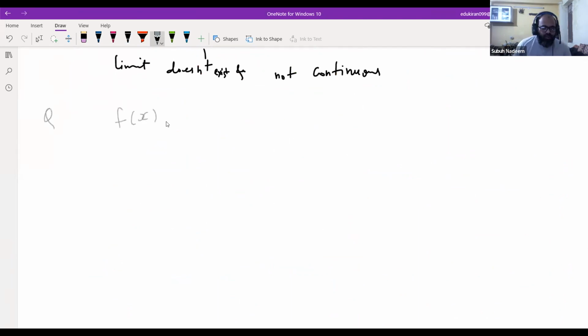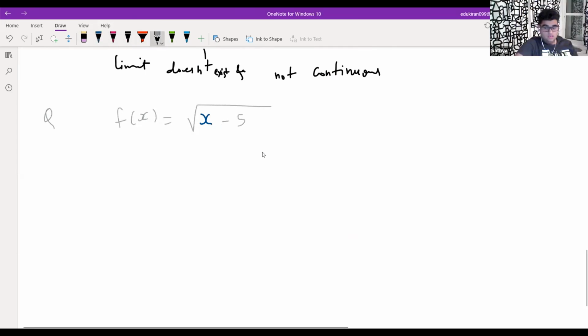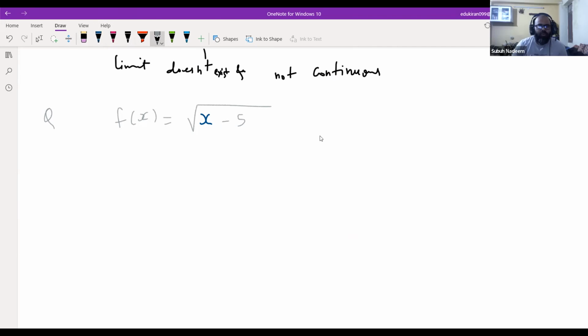f(x) is equal to root over x minus 5. In the next slide to this, the second part one, this question was there. So here it is not a reciprocal, it is not in the denominator, but still here it is a square root. Now square root also leads to doubtful situations. Like if you have x minus 5 as negative, then it will not be defined.